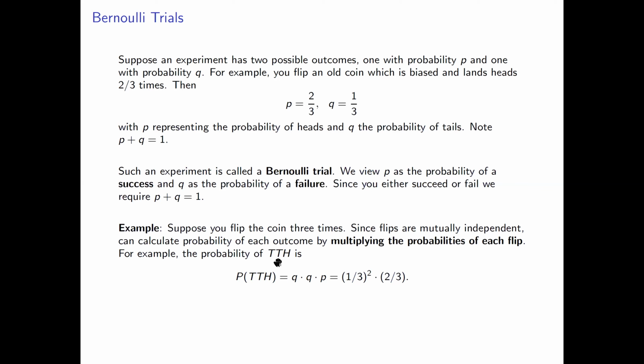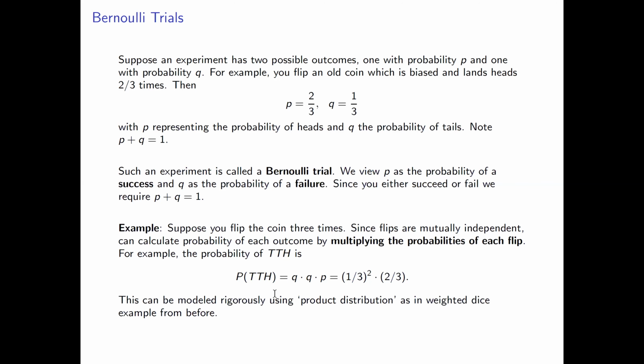And then among all those trials where you had tails twice, you would expect about 2/3 of those to be heads on average. And so that tells you that this ratio, which is 2/27, is a reasonable estimate for the odds of getting this outcome. And you can model this more precisely mathematically using the product distribution as we did in the weighted dice example, although I'm not going to go into much detail for now.